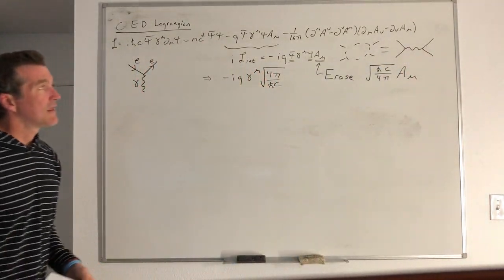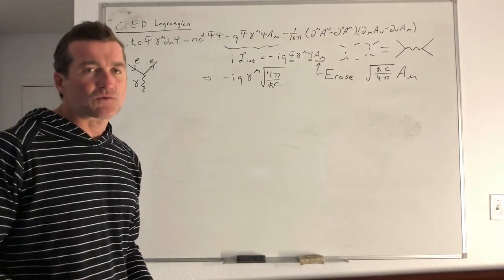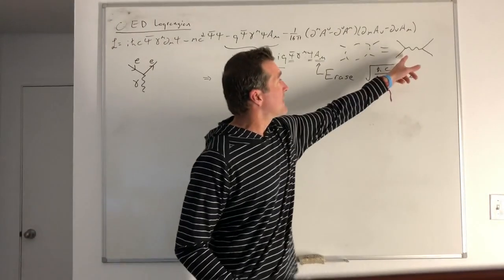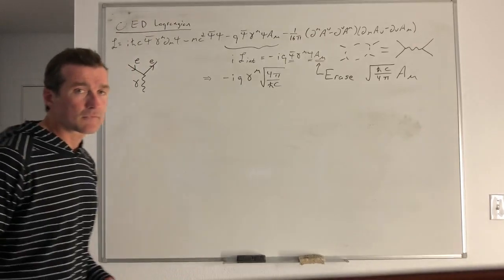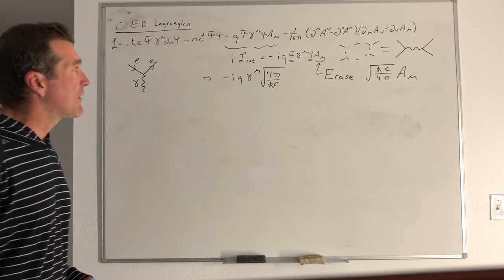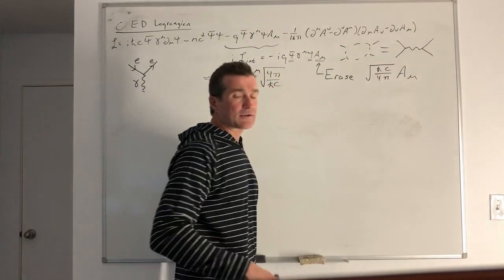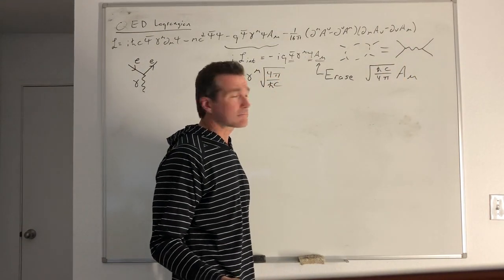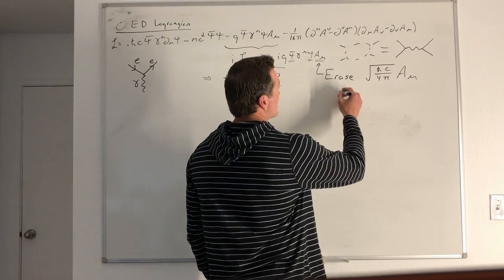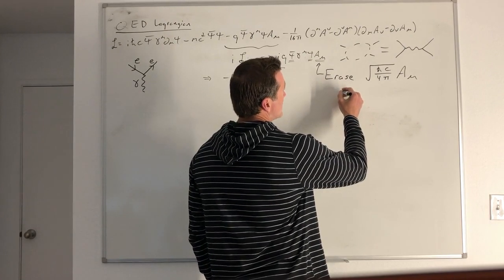Okay? The next thing we have to derive is what do we write down for the internal propagator. Now, in this case, the internal propagator is a photon, but we could imagine a scenario.